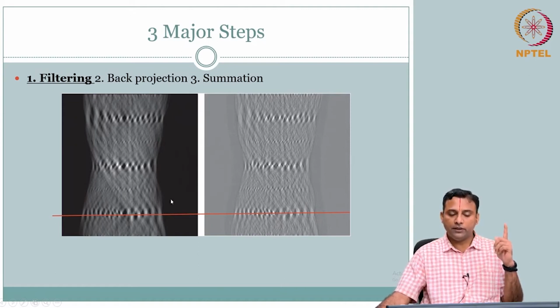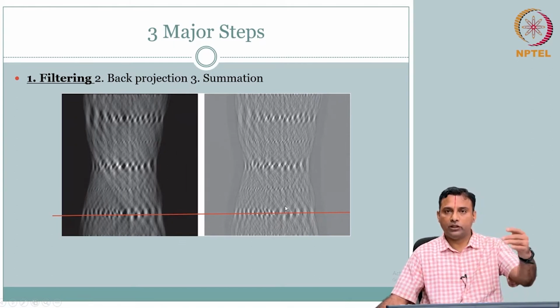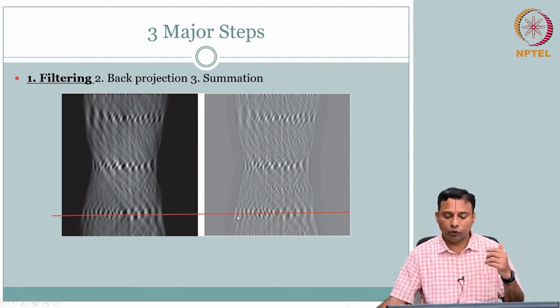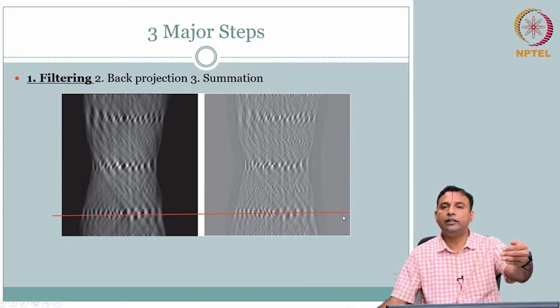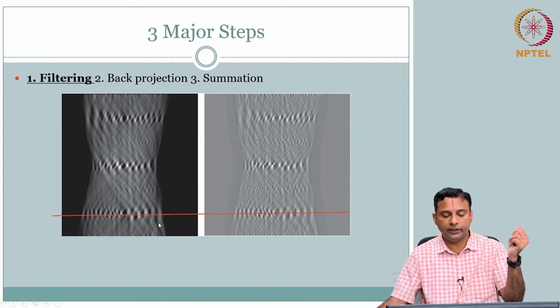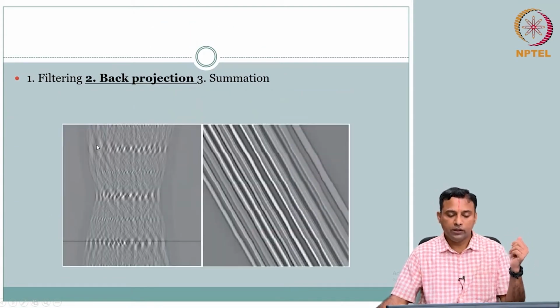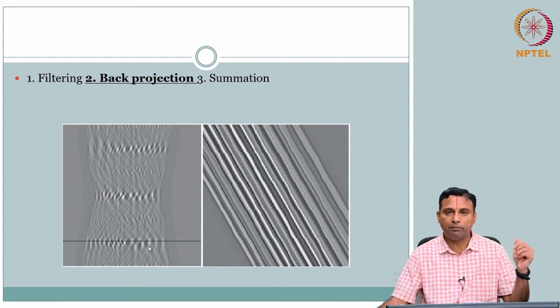The second step is, for example, when we did this earlier, we said take a line and then we have to back project. So at every view angle, you have a projection. Now that projection is filtered, you have to back project it in the field of view along the orientation in which it was acquired, right? So we took a particular angle. Remember, B30 is something that we showed as an example before.